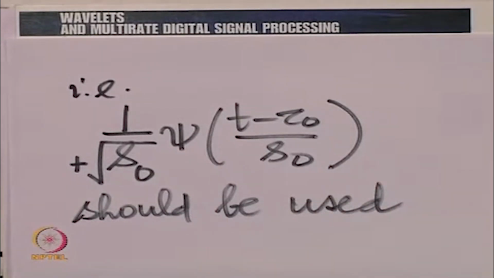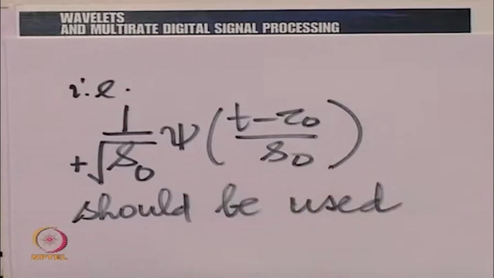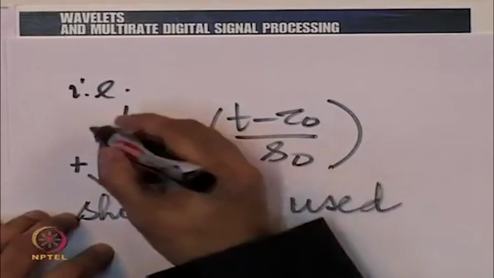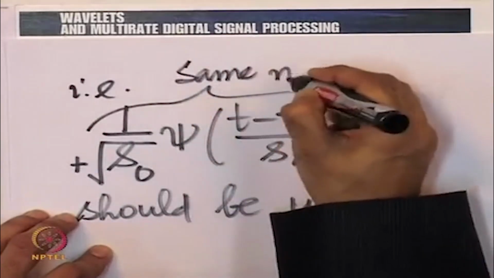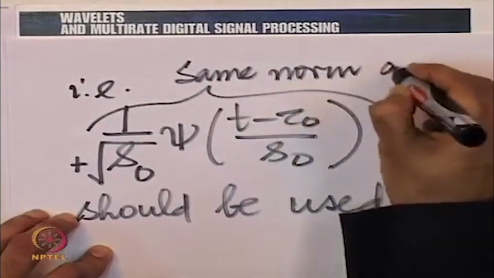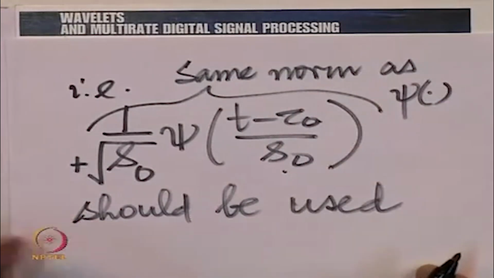All right. It has a norm equal to the norm of psi t. So, this has the same norm as psi t without the translation and dilation.